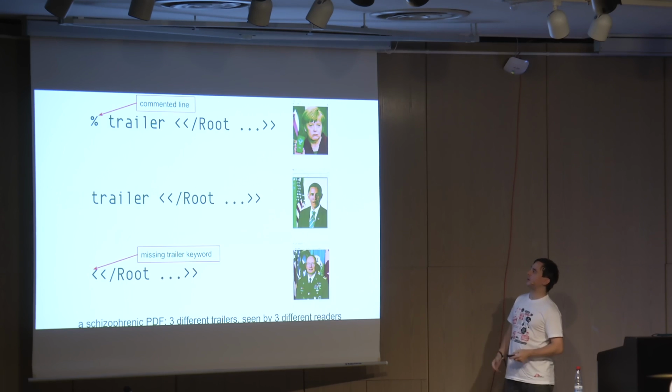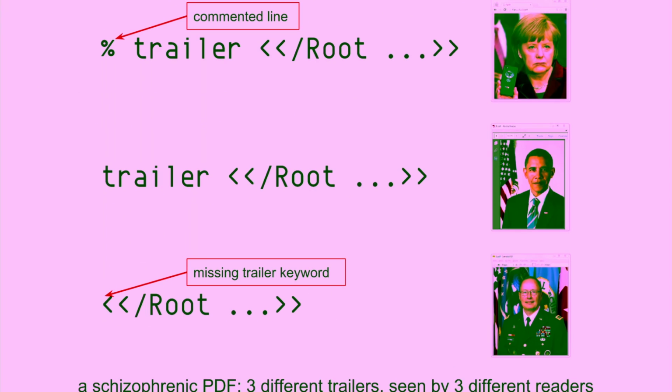So if you abuse that, you can, for example, create a PDF that has 3 different trailers. The trailer is defining the root element of a PDF. So this is the same file, and with 3 different viewers, it gives you 3 different pictures. Because Chrome and MuPDF readers are not respecting the standard like Adobe, they see a different root document and a completely different document to be parsed.